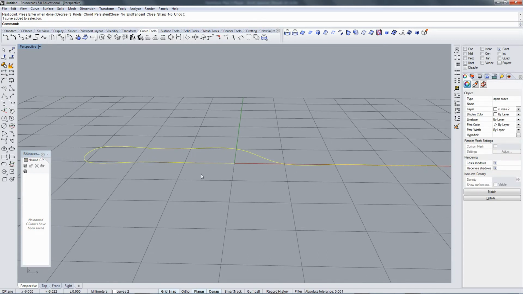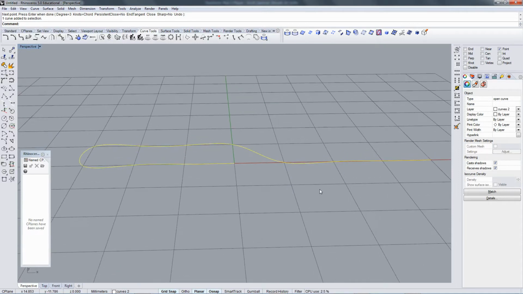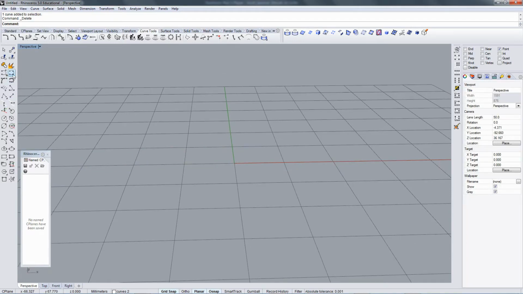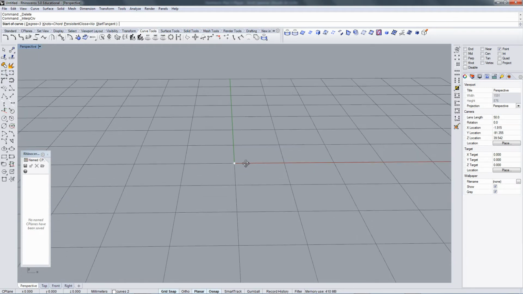My grid's set at 10 millimeters or 10 units, so this would be 0, minus 10, minus 20, minus 30. 0, plus 10, plus 20, plus 30, plus 40. Y coordinates would be going in this view towards and away from us on the ground.